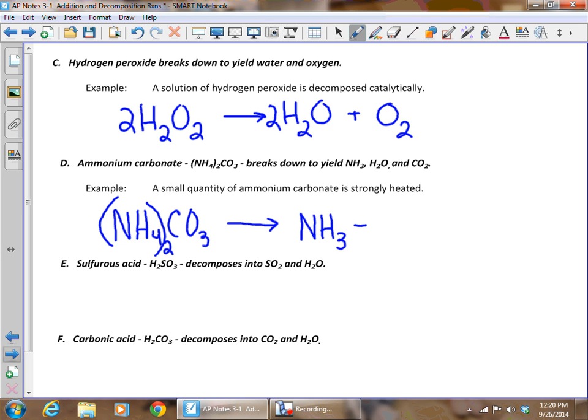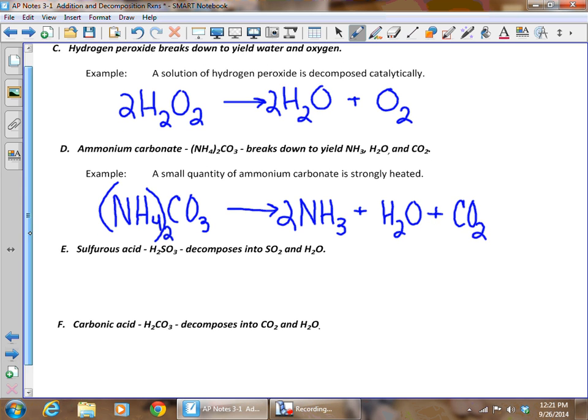You're going to get CO2 when a carbonate is heated up, and we've got some nice water left over in the middle when you start balancing this out. That's produced as well. It looks like to balance this, we pretty much just need a 2 in front of that NH3, and that's going to balance it. So that's another one that you kind of have to memorize, but it's really not too bad when you, again, look at what's in that compound. You can kind of figure out what it is.